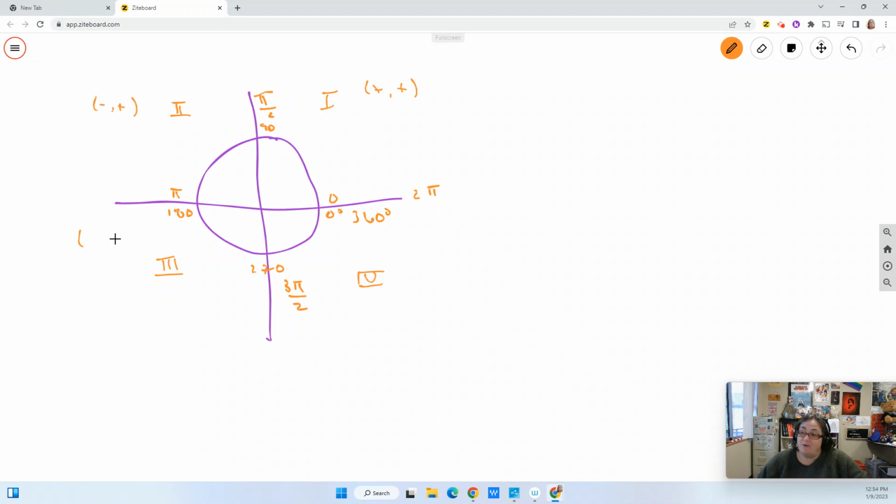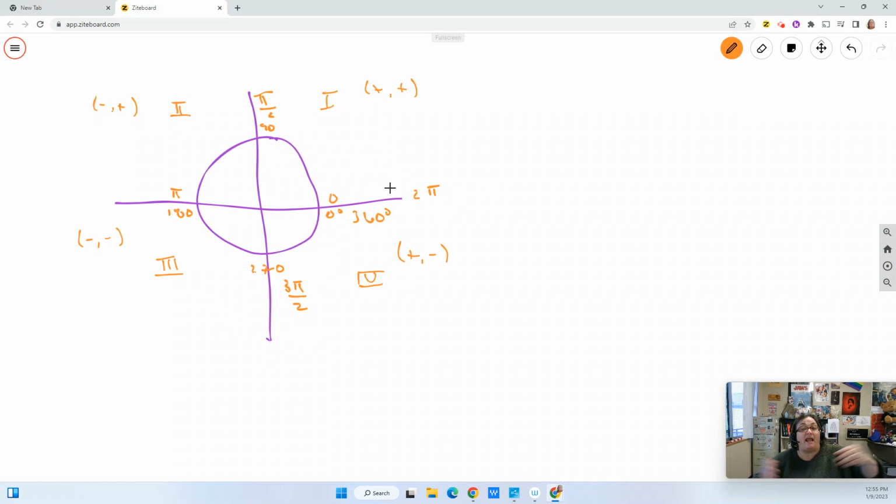And here, what do we know? We know that everything's negative here. It's like talking to one of my kids. Everything's negative. And here we've got plus and minus, right? And there's certain things we know about those quadrants. We know that everything from 0 to 90 degrees is positive.